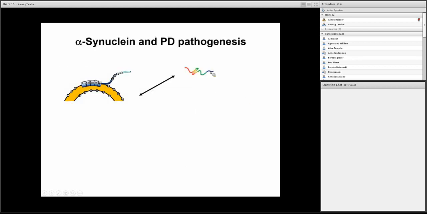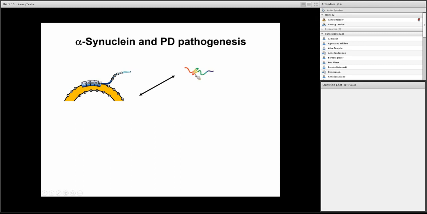So if you look at alpha-synuclein in healthy tissue, we know that it exists in this alpha helical structure bound to various types of membranes, shown here in yellow with the C-terminal tail sticking out. And this membrane-bound alpha-synuclein is in equilibrium with a soluble diffusible alpha-synuclein, which is floating around inside the cell and is very flexible, shown here in a very pleasant rainbow color.